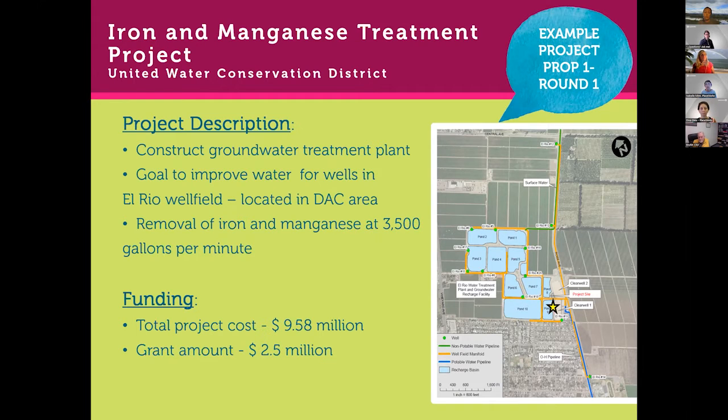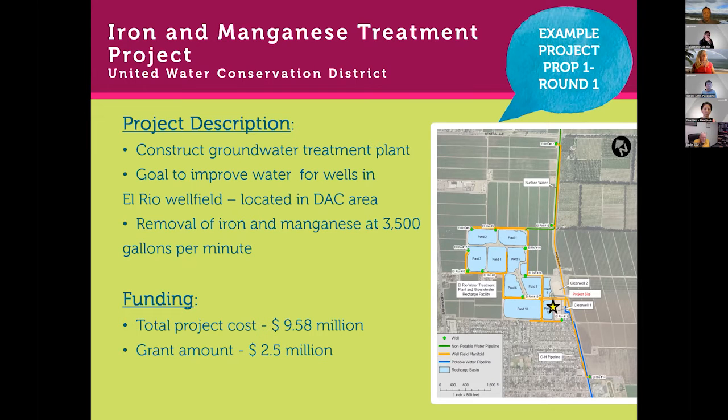A project that was submitted for the first round of Proposition 1, which was 2 years ago, and is now underway, is to have a treatment plant installed that will remove some of those constituents and make it possible for more of that water to be usable for beneficial uses. It'll be treating about 3,500 gallons per minute.